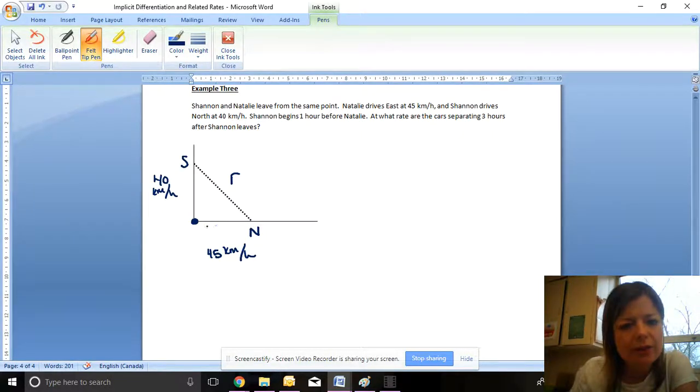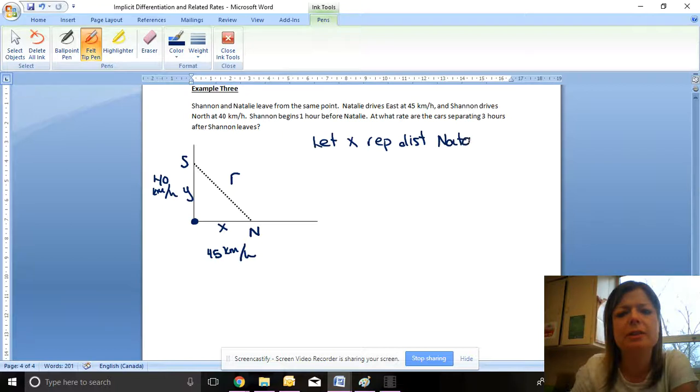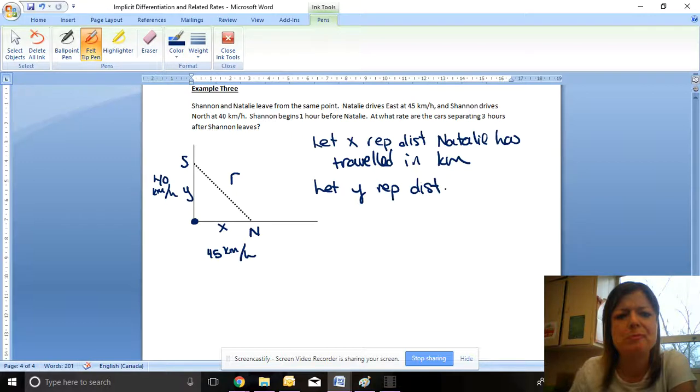So we can call the distance between the old point here x and this distance y. Let x represent the distance Natalie has traveled in kilometers, and let y represent the distance Shannon has traveled in kilometers.